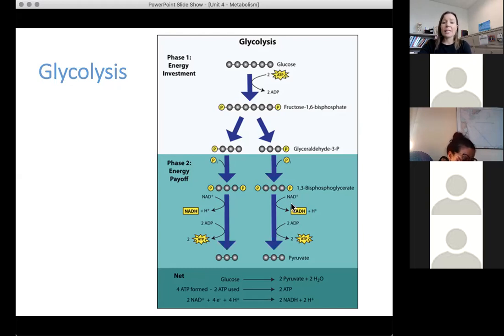Well, here's NAD. It's involved in this process. NAD comes in and it gets reduced. You are giving NAD electrons and hydrogen ions and energy from the glucose molecule.